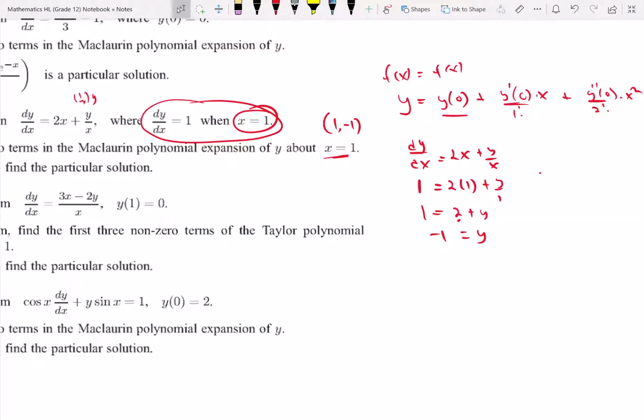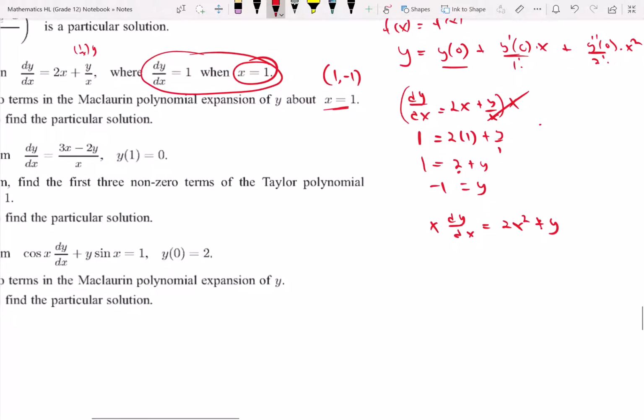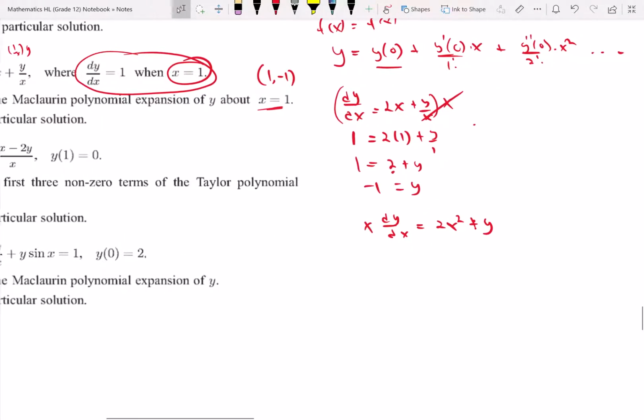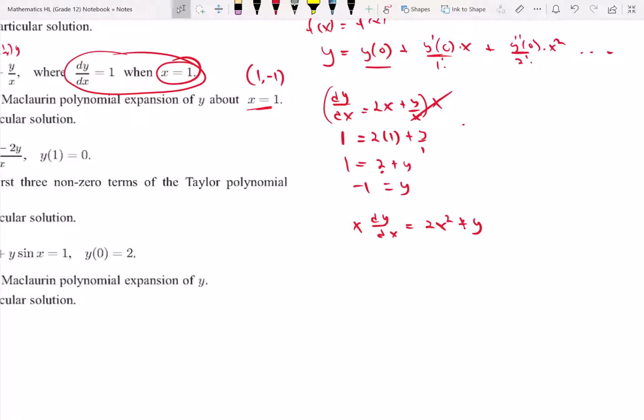Next we need to find the actual derivatives. What's kind of annoying about this is there's this division. To get rid of that division and avoid the quotient rule, I'm just going to multiply everything by x, because then these will cancel. We'll be left with x dy dx equals 2x squared plus y, and we have a first derivative there. We could then take the derivative again, and we're going to have to use the product rule here.